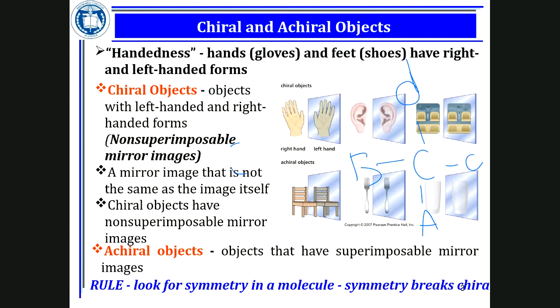If they don't superimpose directly, and if you change one by 180 degrees, and they still don't superimpose, then you have 2 molecules that are a pair of enantiomers, meaning they are mirror images of each other and they are not superimposable. So first, they should be mirror images of each other, second, they should not superimpose each other, and third, if you move one by 180 degrees, it still doesn't superimpose.